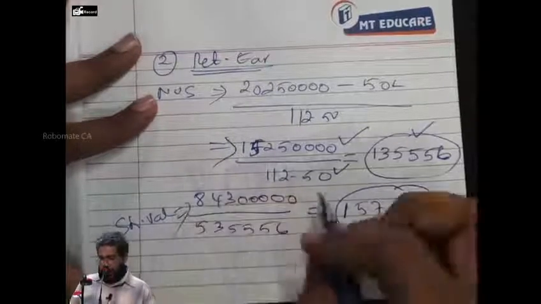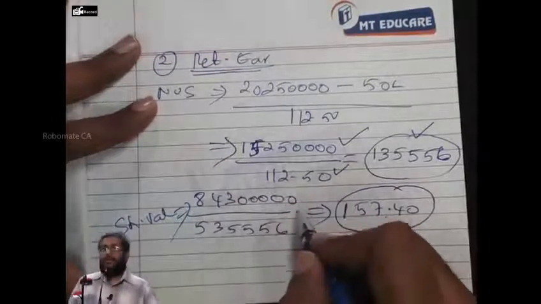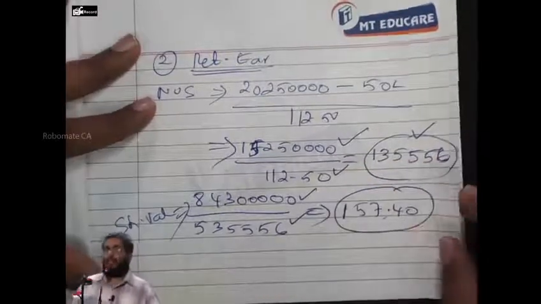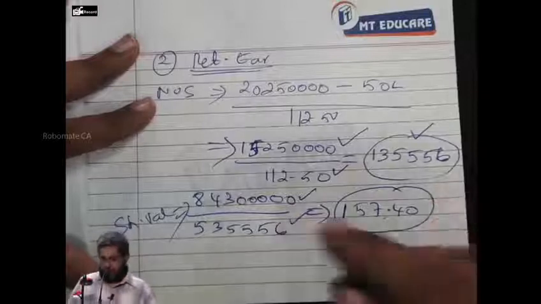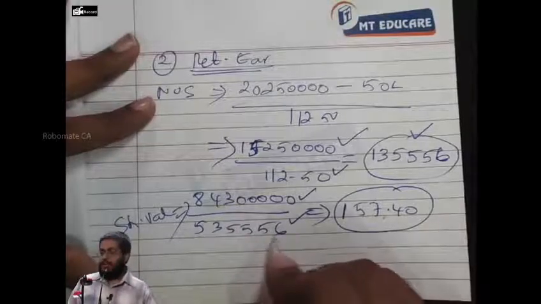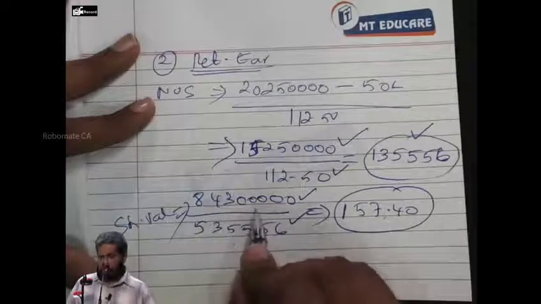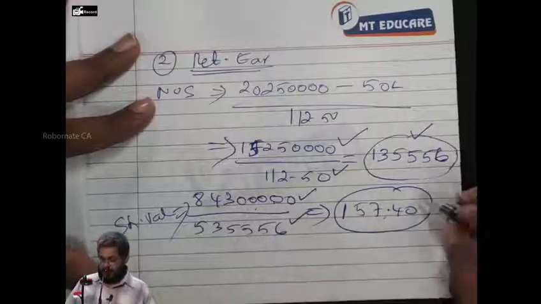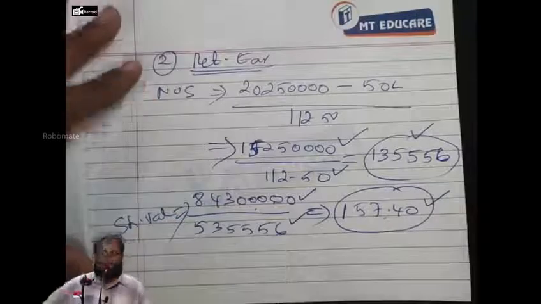Share value is equal to 8 crore 43 lakhs divided by 5 lakh 35,556 is equal to how much? 157.4.